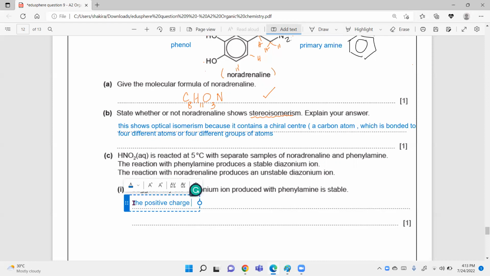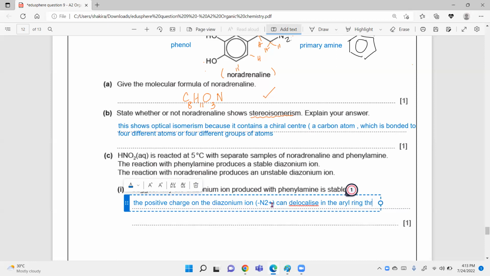The positive charge on the diazonium ion, the N2 plus part, can delocalize in the aryl ring, and we can write that through resonance.